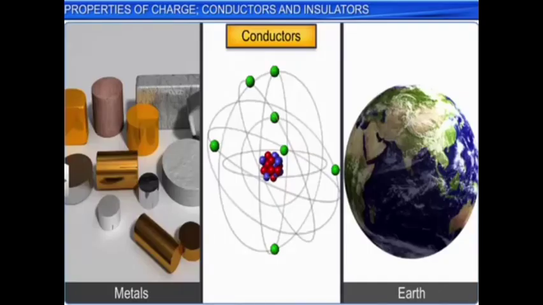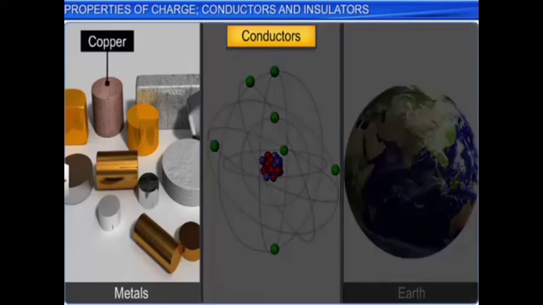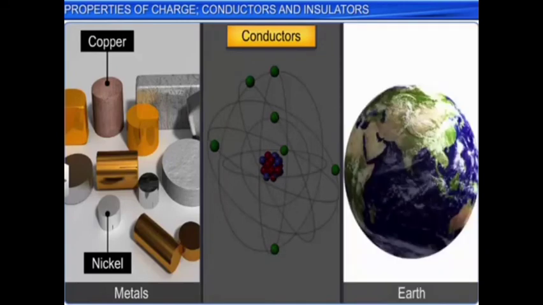Such materials with a large number of free electrons are called conductors, and as such, these materials readily allow the flow of electric current through them and cause very little resistance to the flow of electricity. Metals like copper, nickel, and the human body and earth, etc. are some conductors.